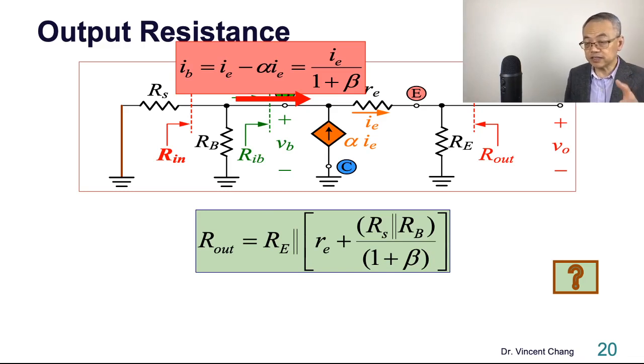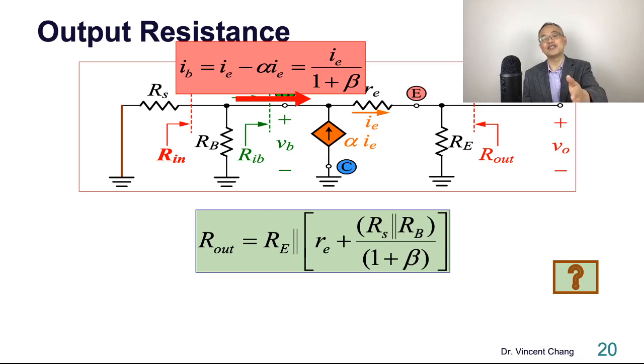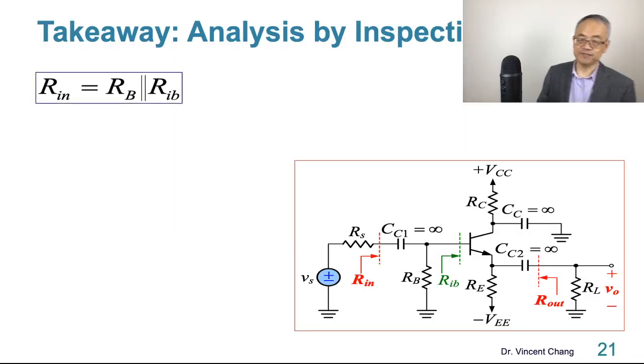If you don't believe this, the last resort will be you derive this. But you divide once, twice, you don't want to divide a third time. It becomes your ability, your instinct, your skill of analysis by inspection. All right?